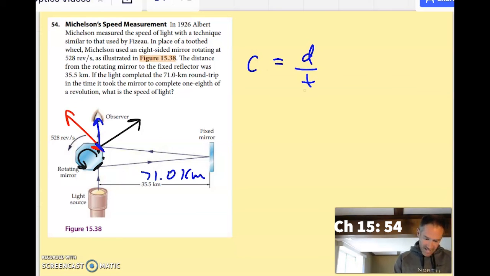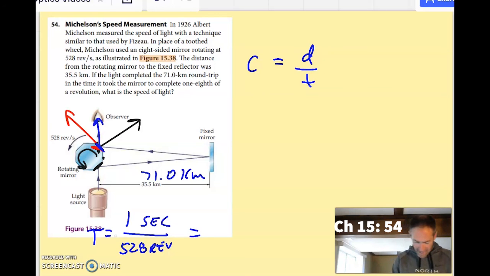Now, if they tell us that it's 528 revolutions per second, that means in 1 second there are 528 revolutions, or 528 cycles. And so that says that the time, this is a way to figure out the period, that says that the time, now this is really, really short, 0.00183939, and lots of repeating 39s seconds for that to happen.